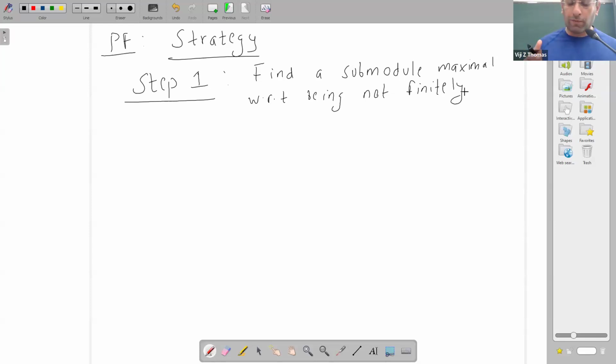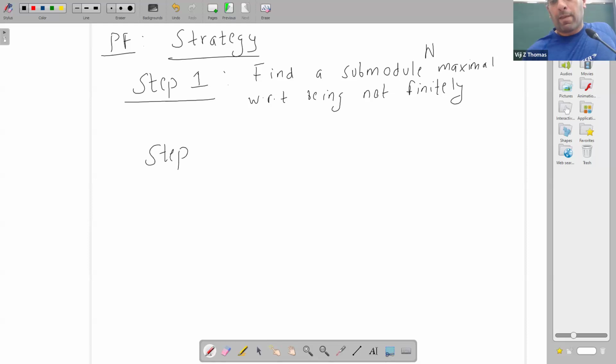We'll do the whole proof in a detailed manner, but I just want to write the steps down, because otherwise the proof will keep going and I don't want you to get lost because it's going to take some time. So we will find a submodule N of M such that it is maximal among non-finitely generated modules. That is the first step.